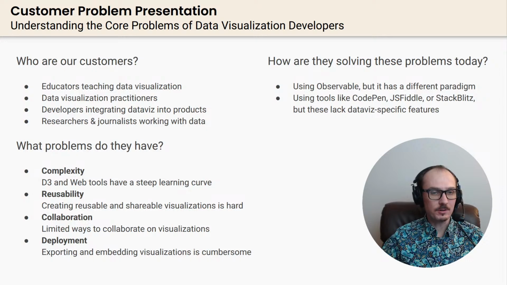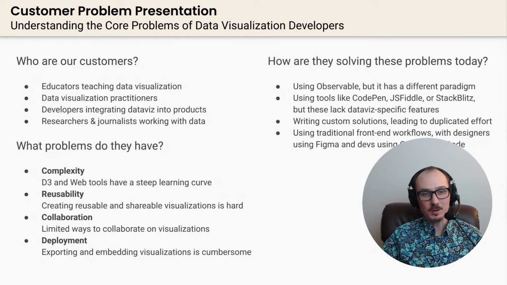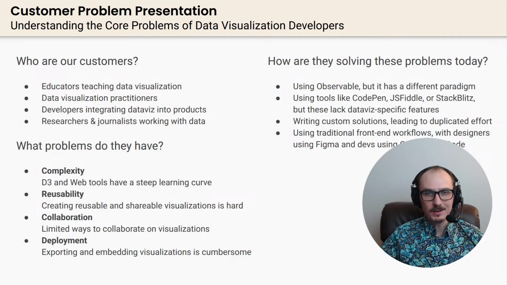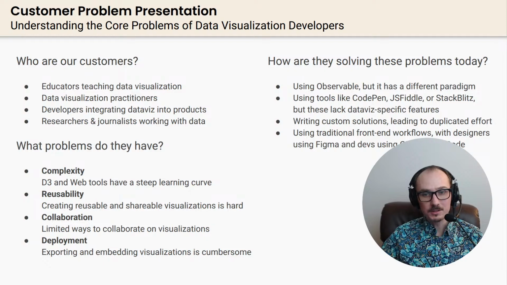Those are general purpose web-based IDEs, but they don't have really data-viz specific features. And people write custom solutions and duplicate effort across different companies. And also a big part of this, in consulting, which is what I've done a lot of, people just use the traditional front-end workflows and work with designers in Figma. And that works, but it's very technical and involved.